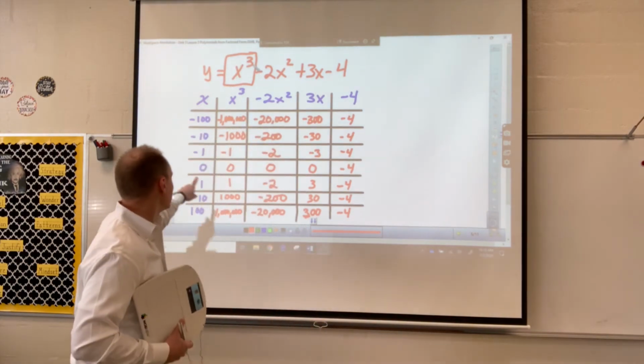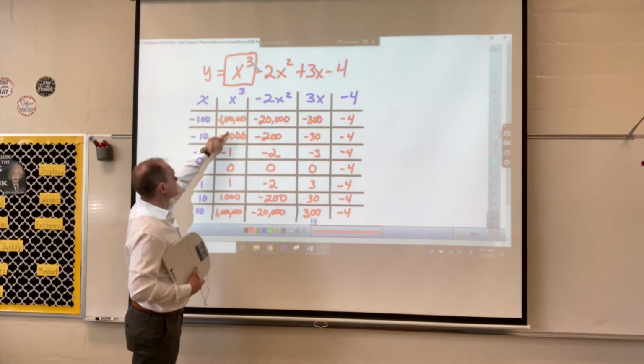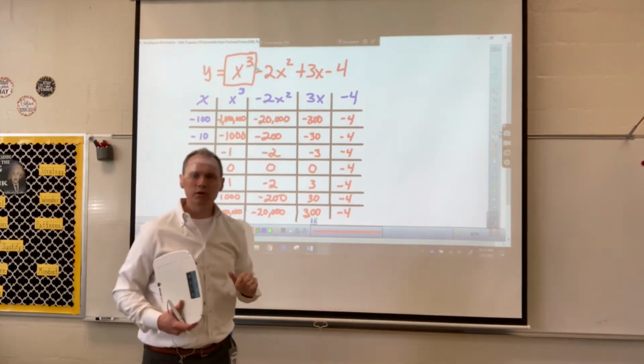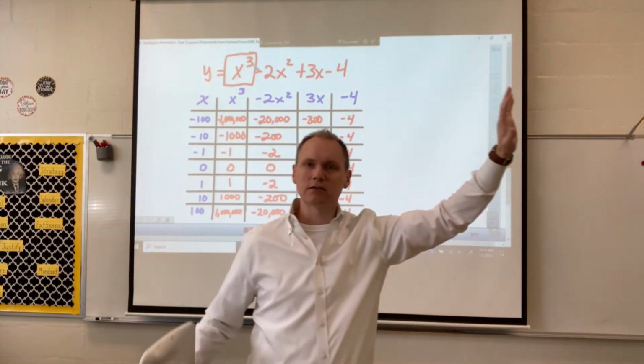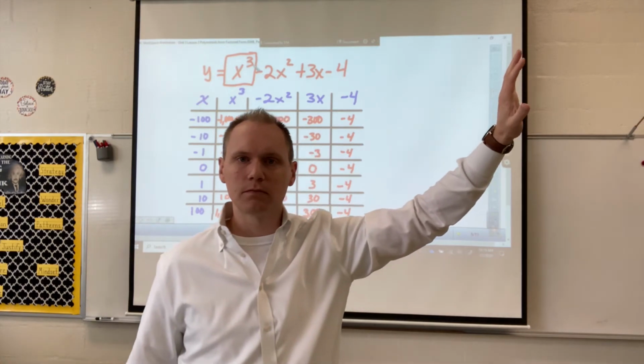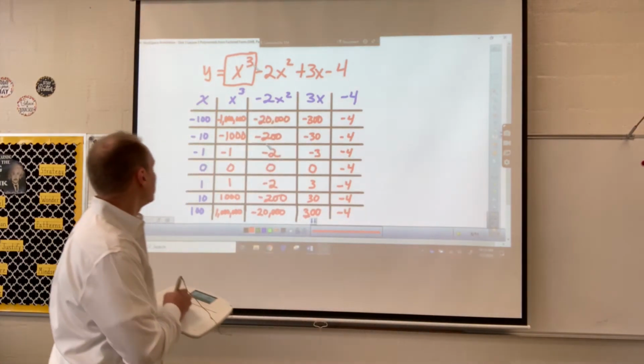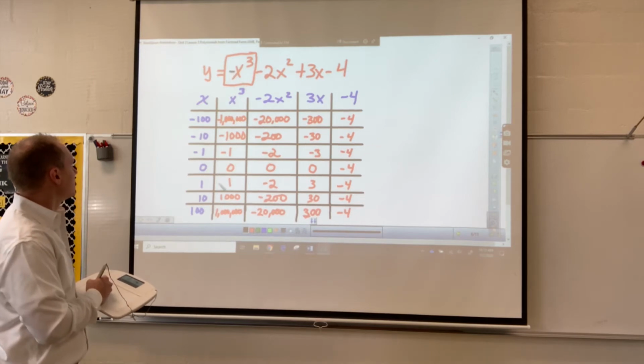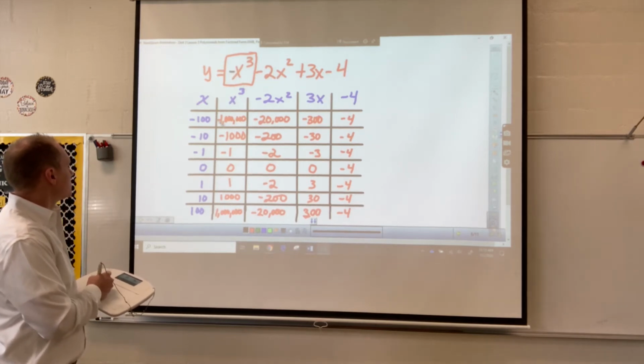So because a negative value cubed is still a negative value and a positive value cubed is still a positive value, that's where you get that up to the right and down to the left behavior. But if this were a negative x cubed, well, that would switch the signs of these.